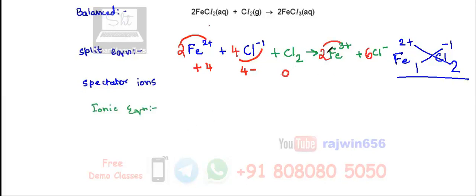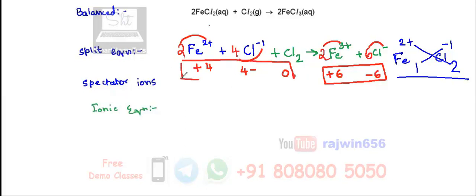Here it is 2 multiplied by 3 plus, so that is +6. 6 multiplied by -1 is -6. +6 minus 6, overall charge is going to be 0. Here +4, -4 and 0, so the overall charge on the left hand side is also 0. This is how we are going to balance the charges.